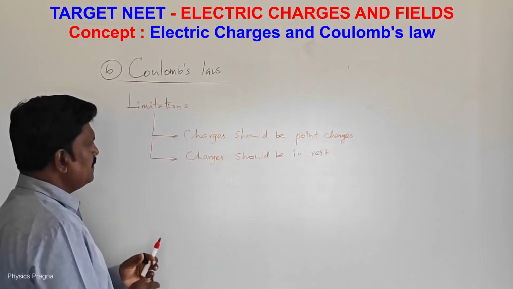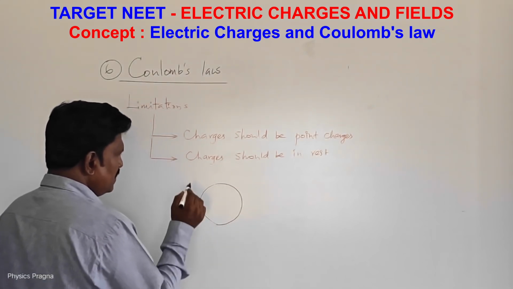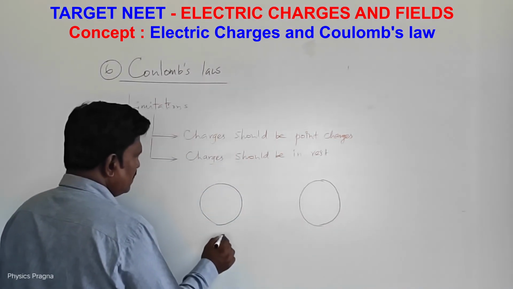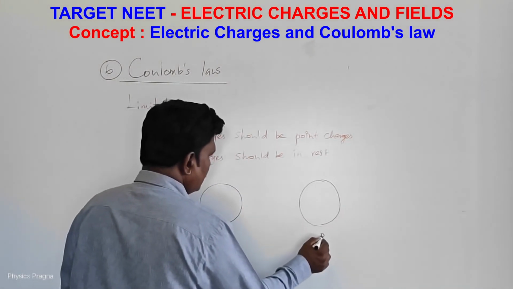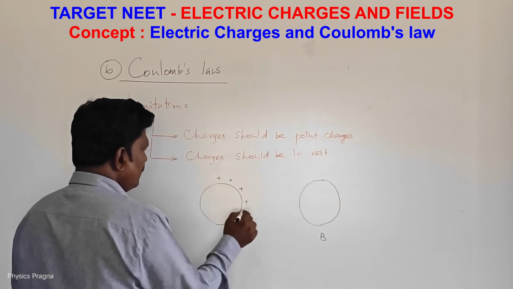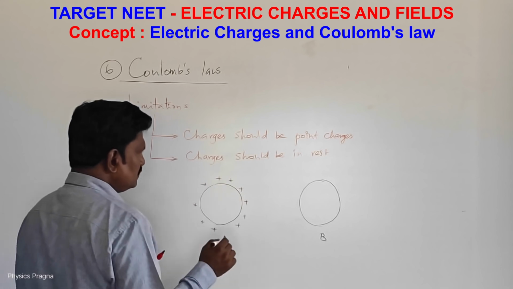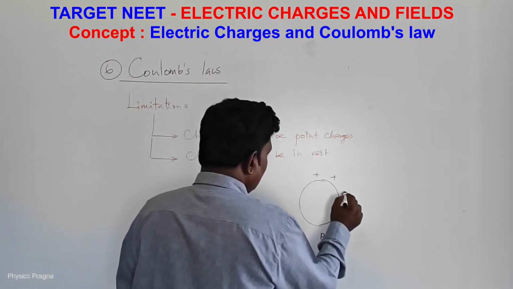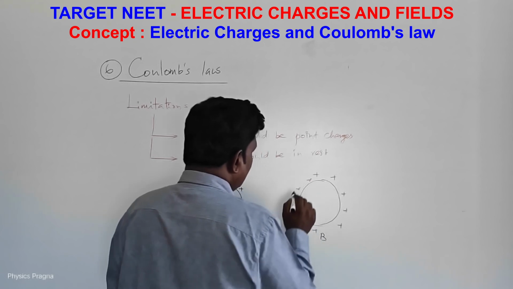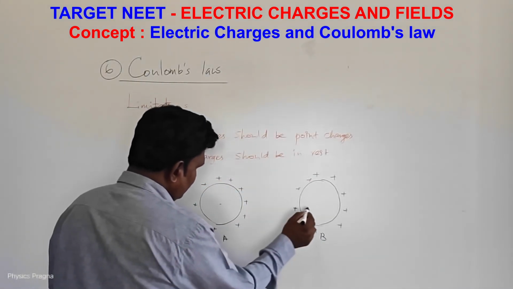Why? Because see, I have taken big bodies. This is A, this is B. See, if both have positive charge, this is the distance between them.